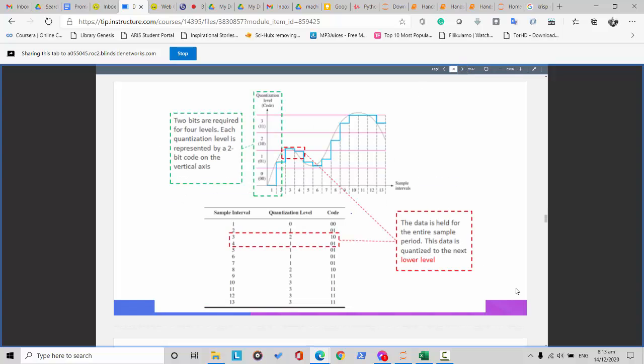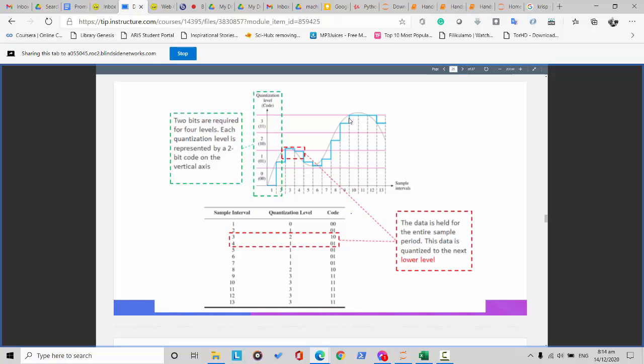So this is an example of how quantization works. You can see we have the analog signal here, and we have the stair steps of the converted analog signal.